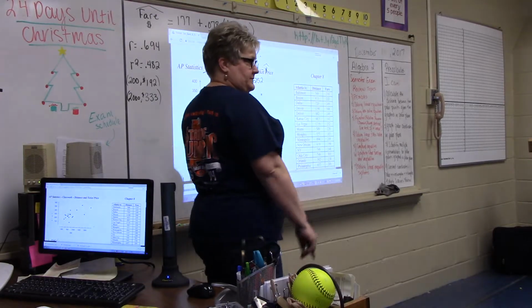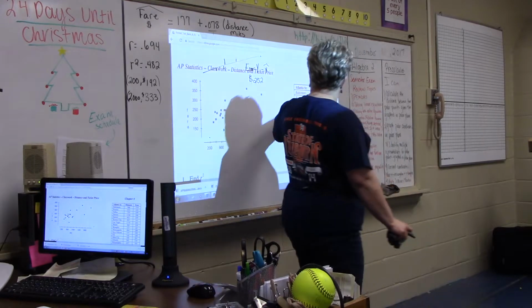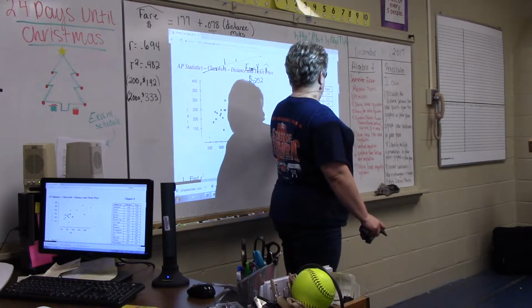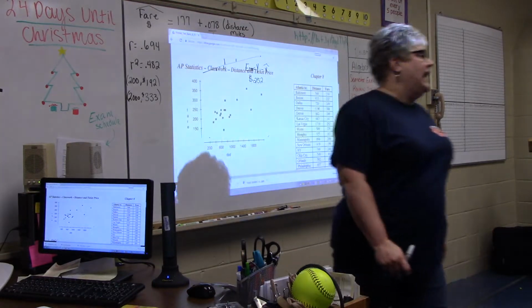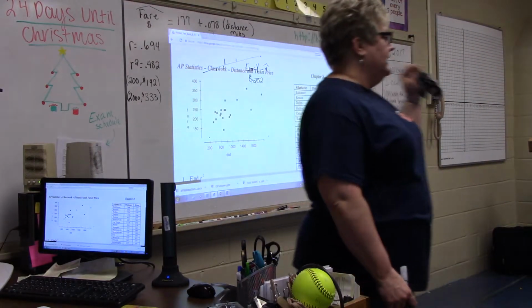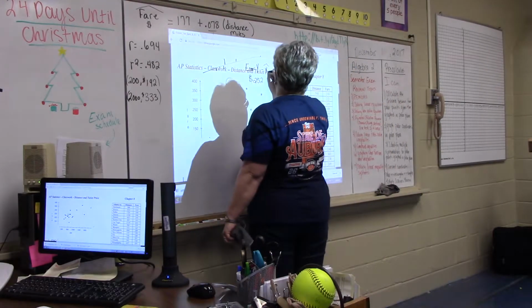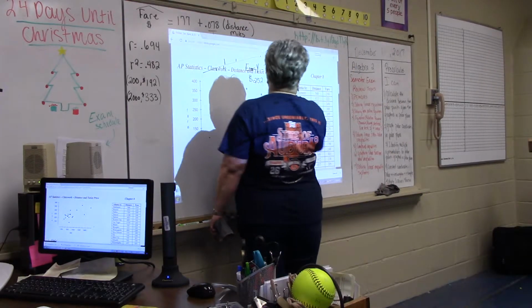That's my y value. Now, you put in your calculator for Las Vegas 1,719 miles and tell me what fare our line predicts. Find me y hat for Las Vegas.